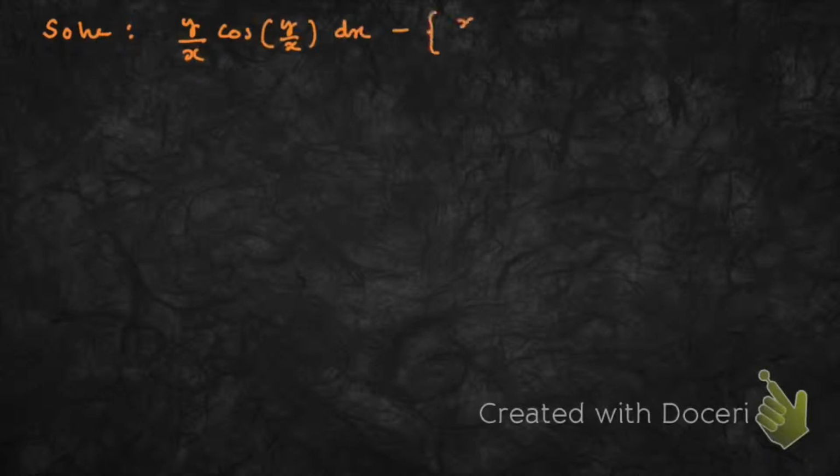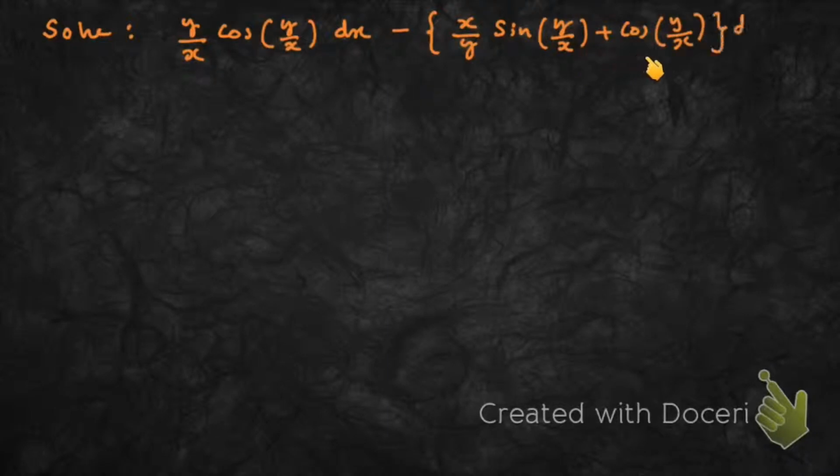We're going to look at another differential equation now. So that's the differential equation. I know it looks pretty complicated, but it already tells you that this is a homogeneous differential equation because you already have cos of y by x in there.